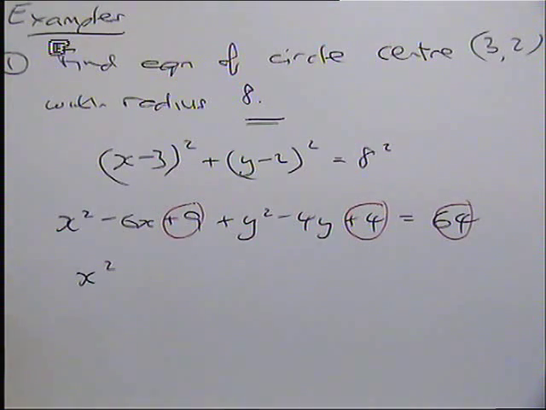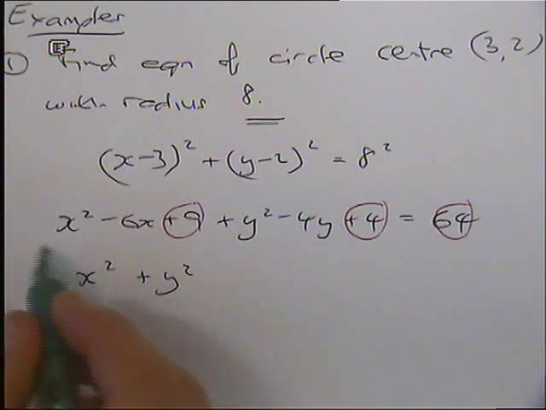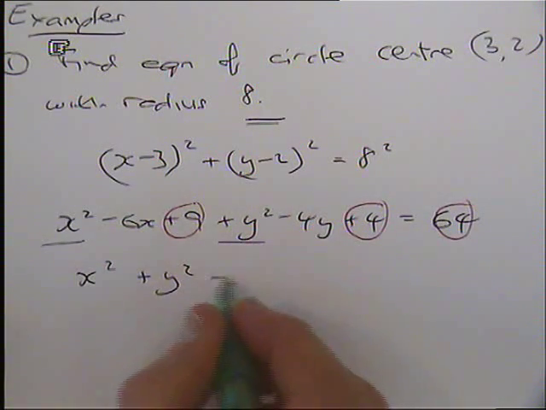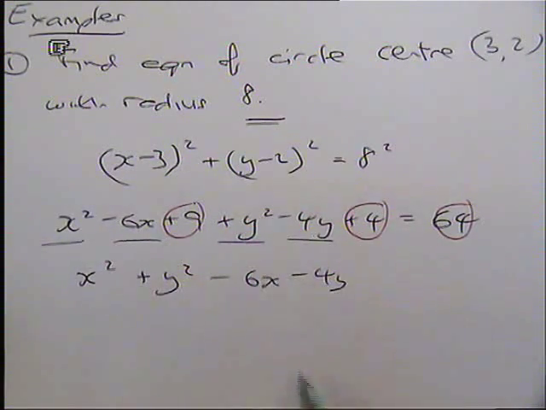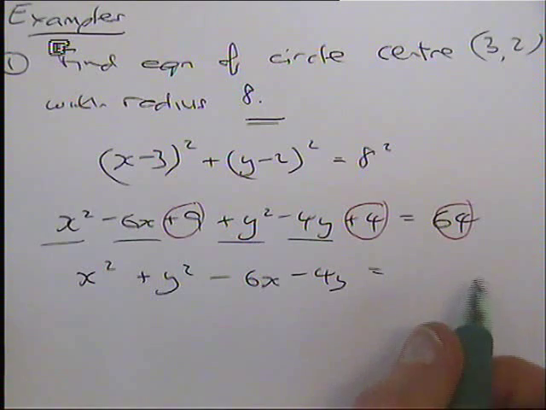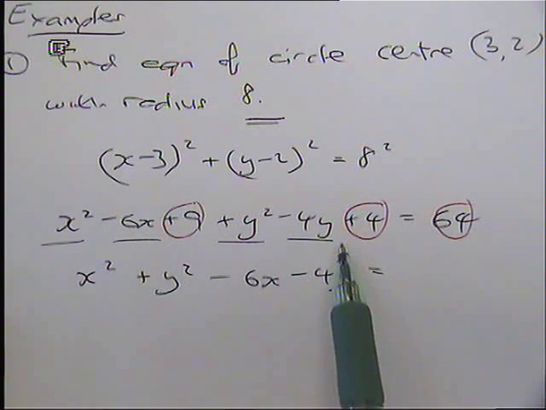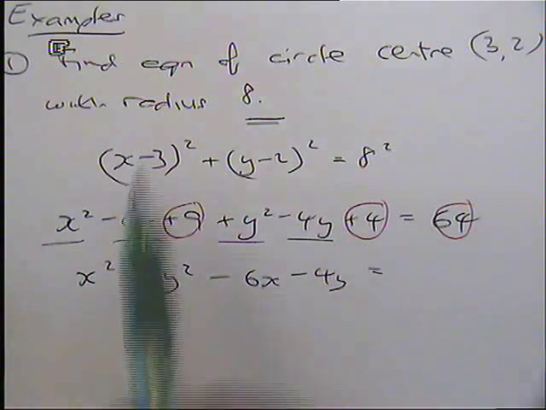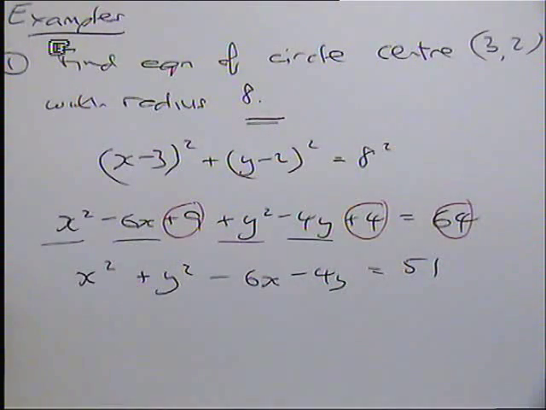We would put all the squared bits usually first. Then the bits with just single letters in, that bit and that bit. And then we'll have all the numbers on the right hand side possibly. So this positive 9 and this positive 4, which will make positive 13, will go to the other side and be subtracted. So I'll be left with 51.